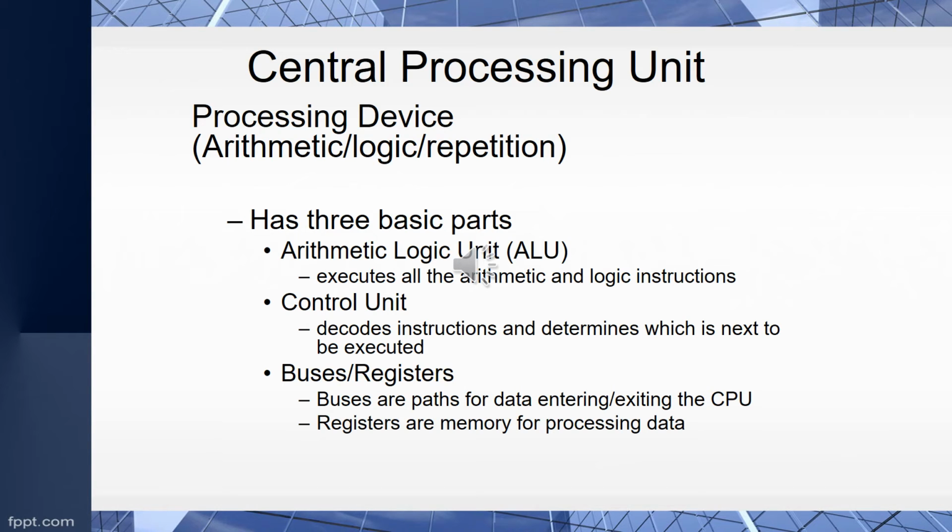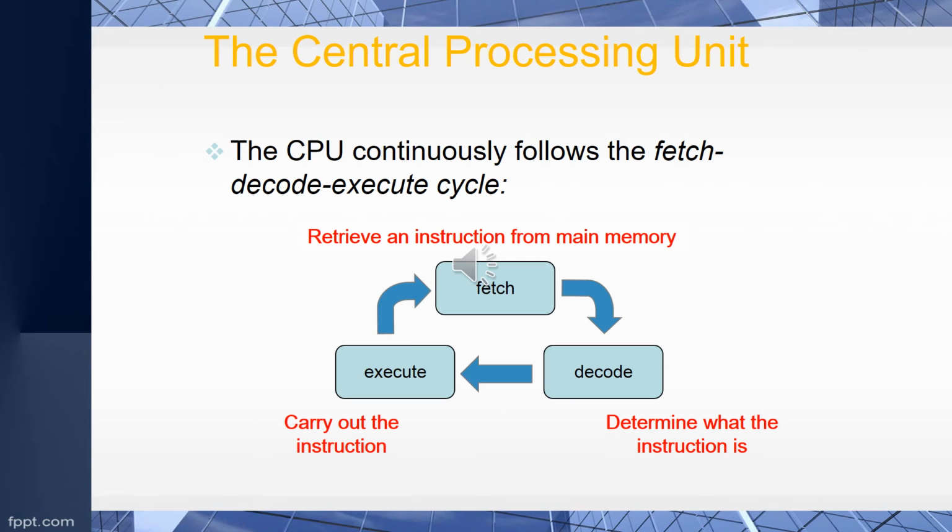The bus are pathways for data entering and exiting the microprocessor, and registers are memories for processing mathematical information within the arithmetic logic unit. Microprocessor speed is measured in gigahertz, which means billions of machine cycles per second. A machine cycle is the time it takes to fetch, decode, and execute a program instruction. I time, which is instruction time, plus E time, which is execution time, is a machine cycle.